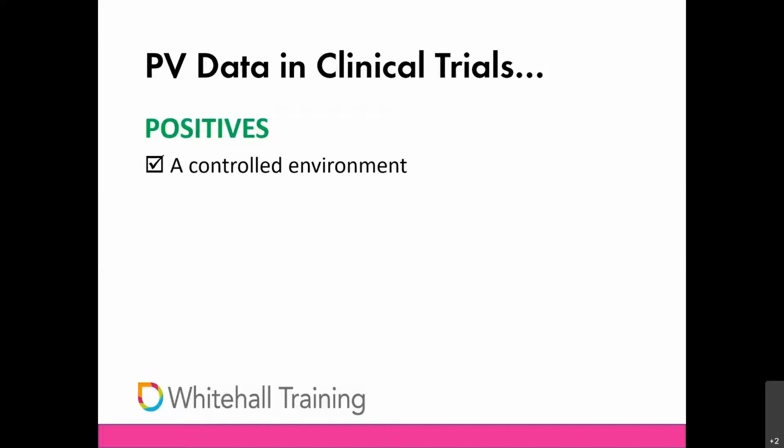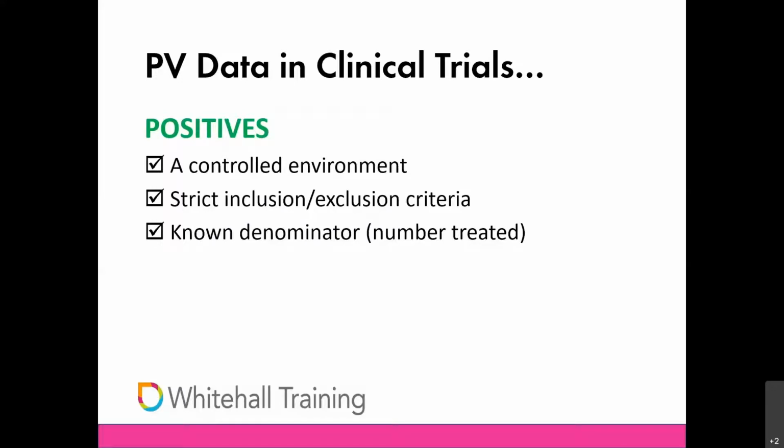You've got a very highly controlled environment with strict inclusion and exclusion criteria. You know the denominator, so you know precisely the number of people who've been treated with a drug, which means you can get very accurate figures on the incidence of adverse drug reactions.